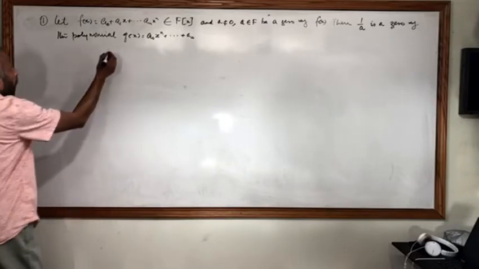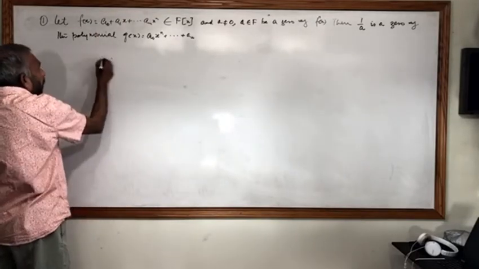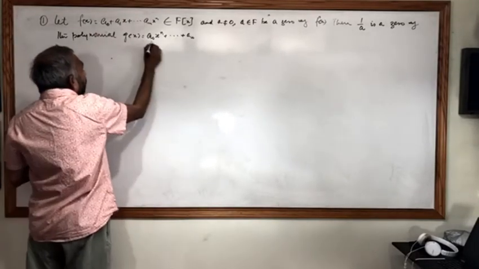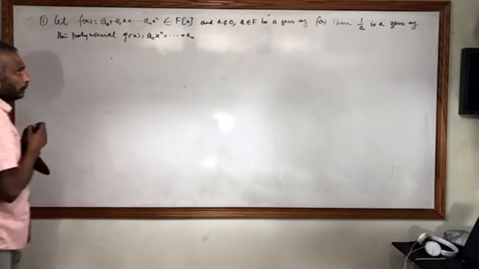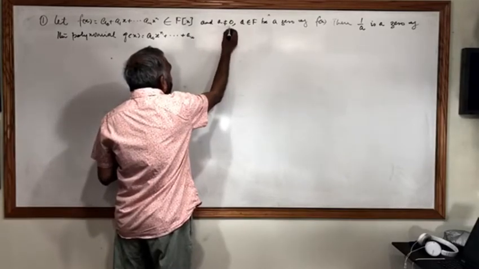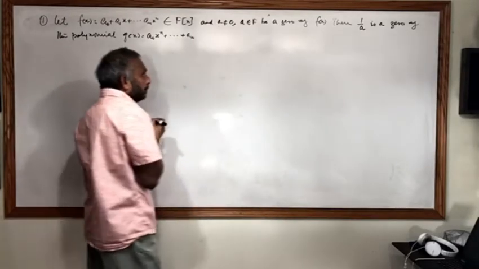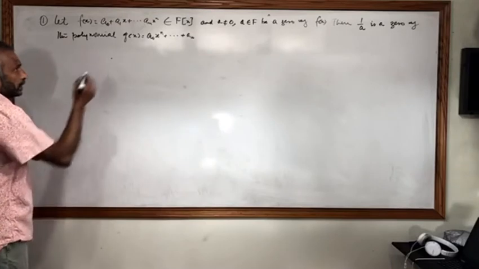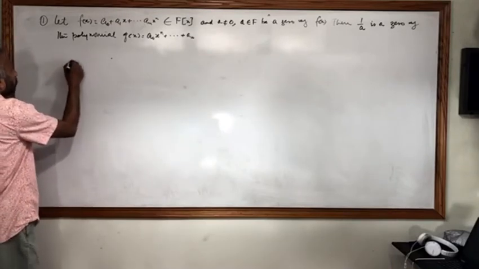See this, these two polynomials are different, the coefficients are reversed, and the thing which we need to note is a is different from 0 and a is in F. So it's actually a very simple problem.